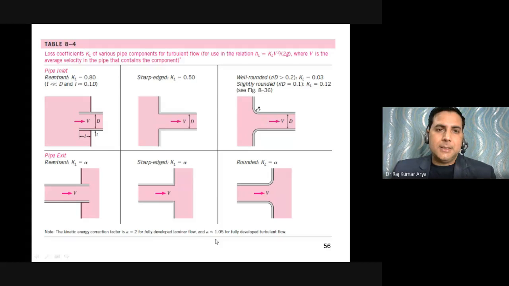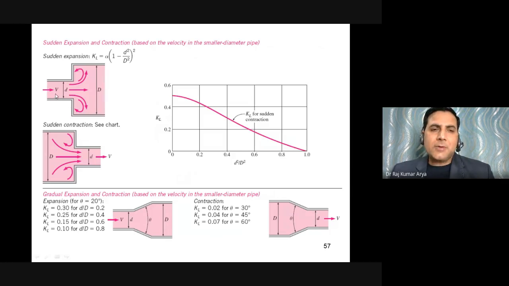So this is what I was talking to you about. This is due to sudden expansion. You have a pipe connection here, and now suddenly you have expanded the diameter.